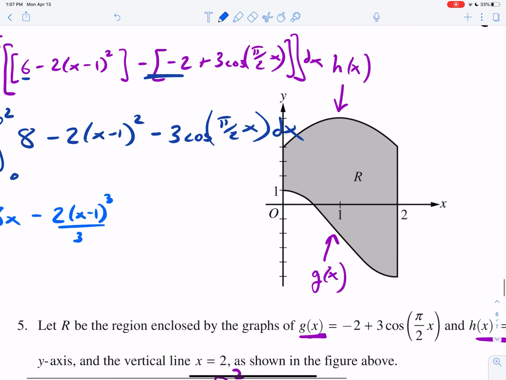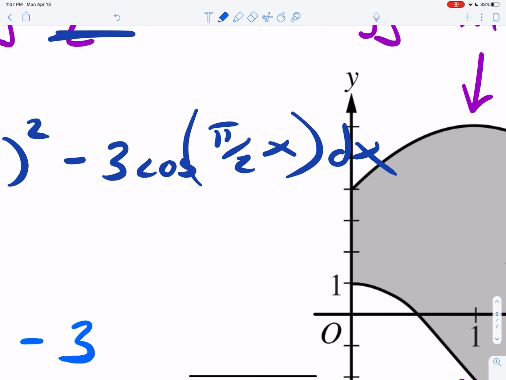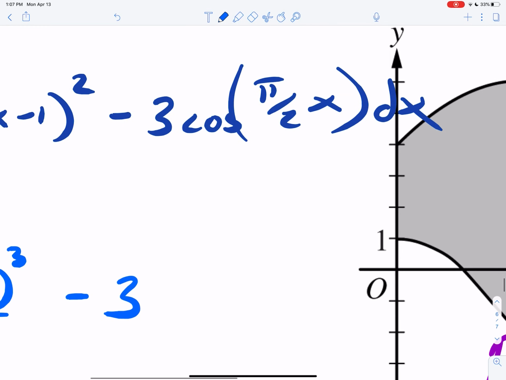Minus 3. Now notice here, there is a function in the function, but it is not a simple linear. So we can use mental u substitution. The derivative of pi over 2x is just pi over 2. And then we take the reciprocal, which is 2 over pi. That is what's going to go on the outside, the reciprocal of the derivative, okay?